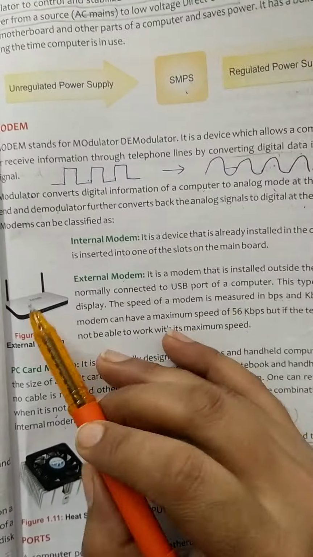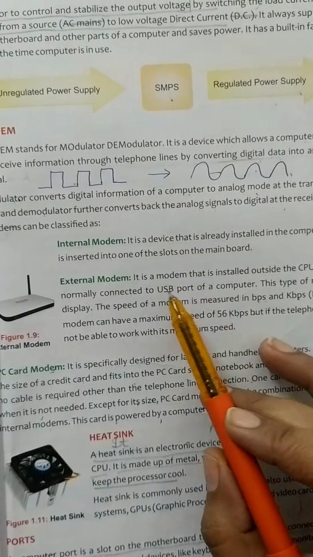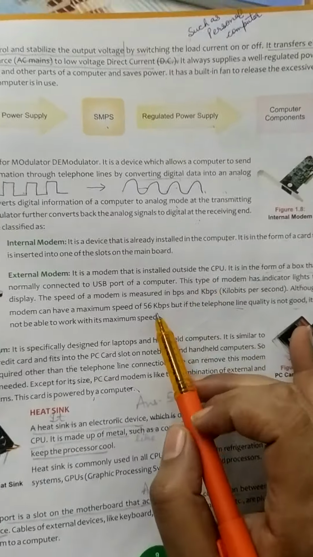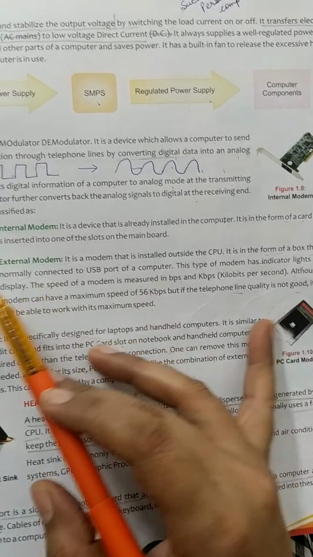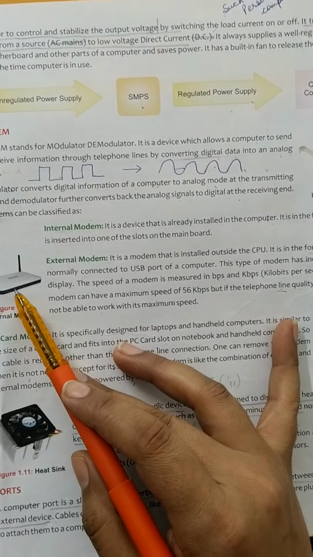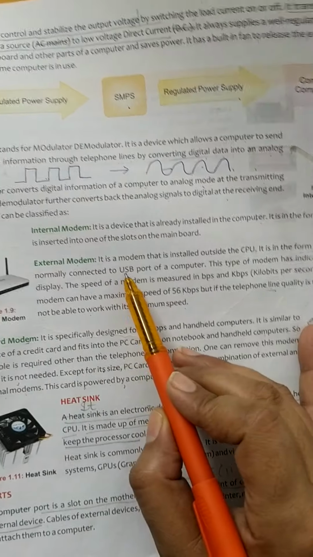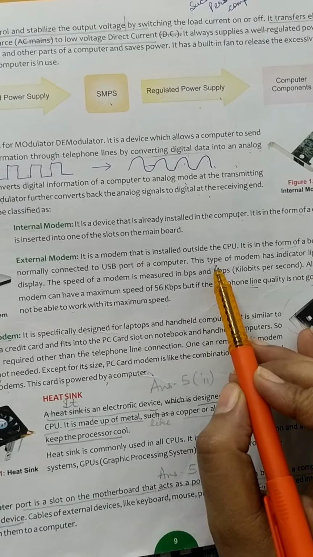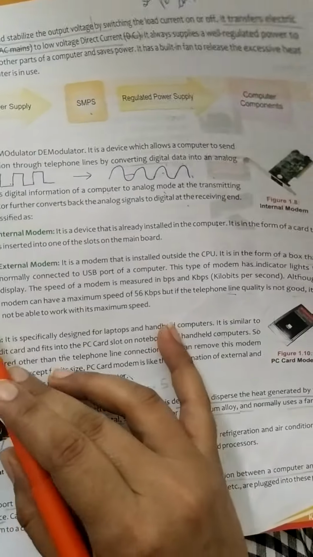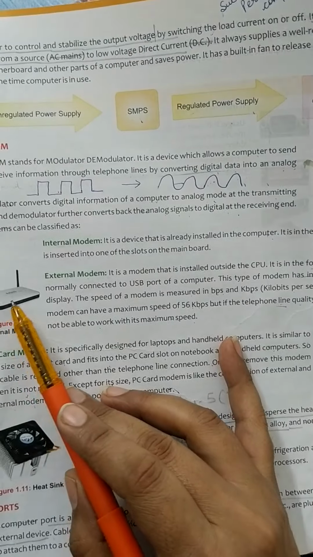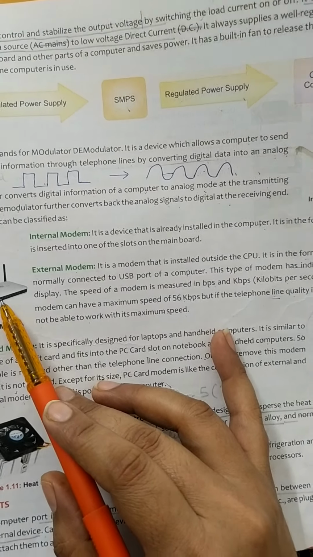Second is external modem. This is the external modem. It is a modem that is installed outside the CPU, and it is in the form of a box that is connected to the USB port, Universal Serial Bus. And this type of modem has indicator lights that display on it.